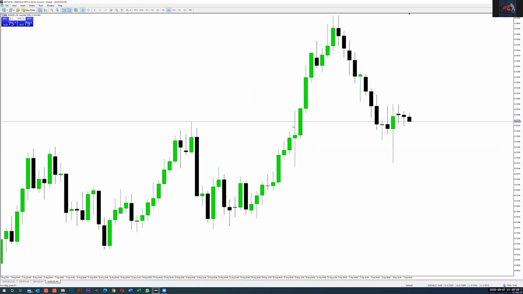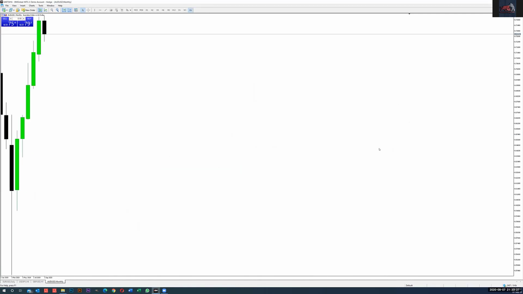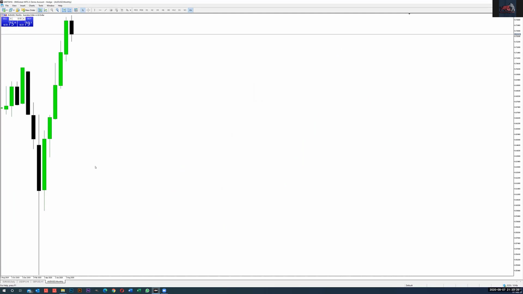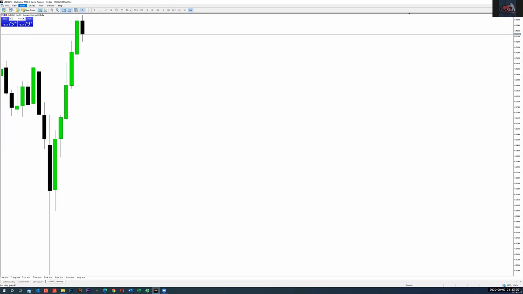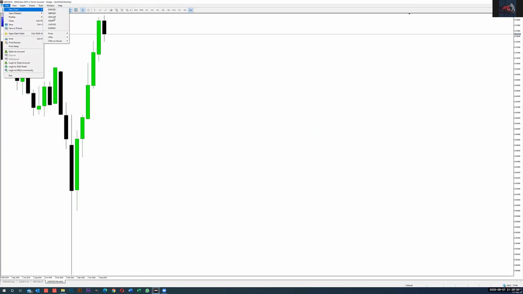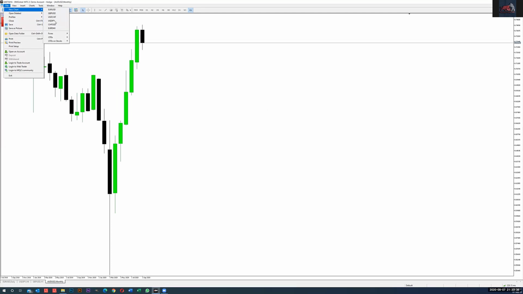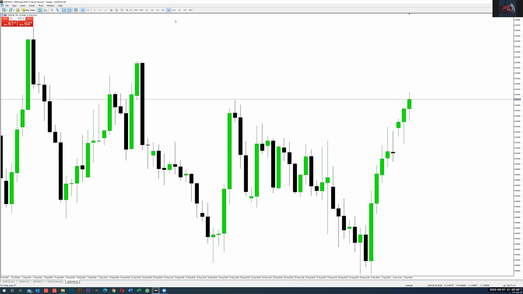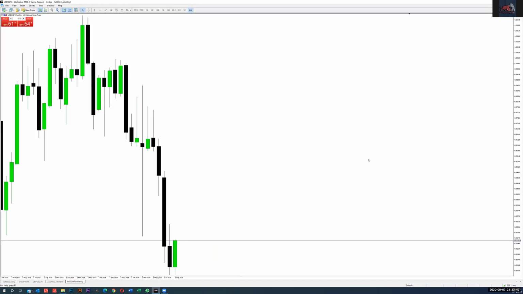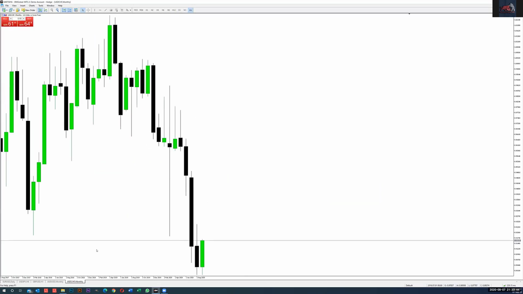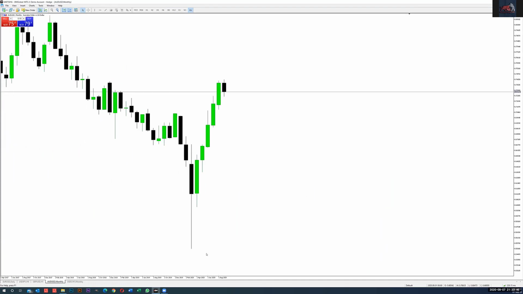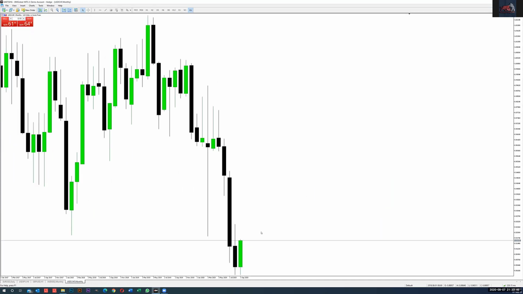Let me see. Let's go to a monthly. Oh yeah, it has to load first. I'm trying to see which other pair. GBP USD, USD CHF. Let's go to a monthly. Right, this one should be fine. I just want it to load quickly.